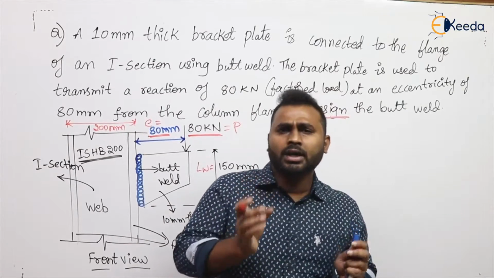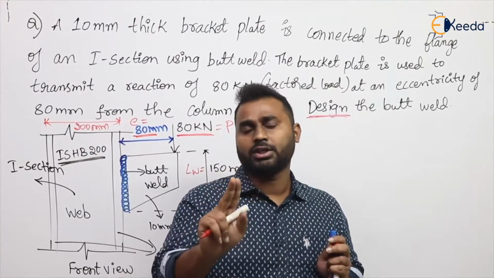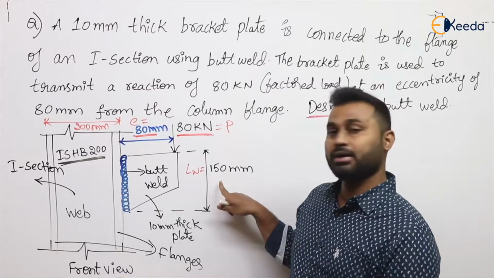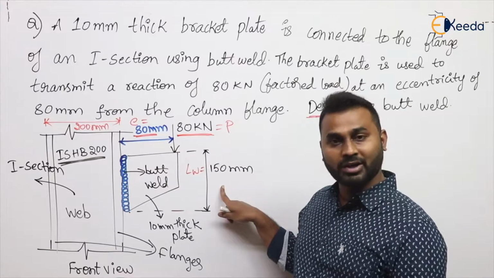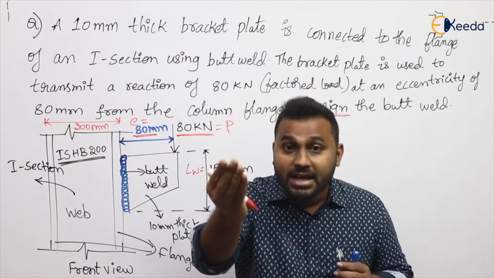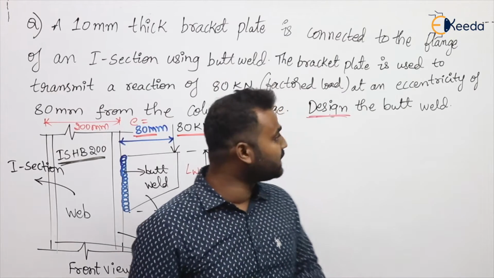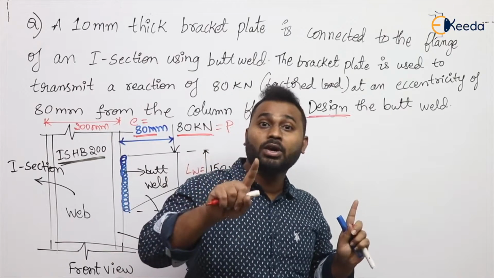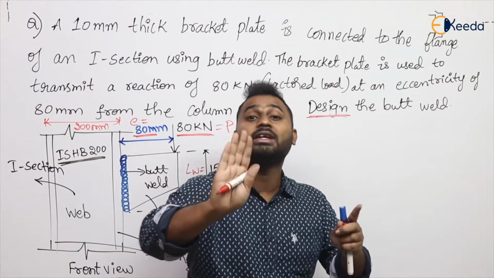Obviously, to know the cross section of the butt weld, we require two dimensions. One is the length of the weld, which is mentioned in the question. The other thing we need to find is the throat thickness of the butt weld. So design of the butt weld means the length is known to us, and the other unknown dimension we have to find out. That is what design means.